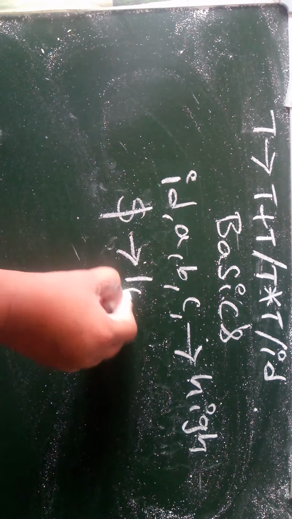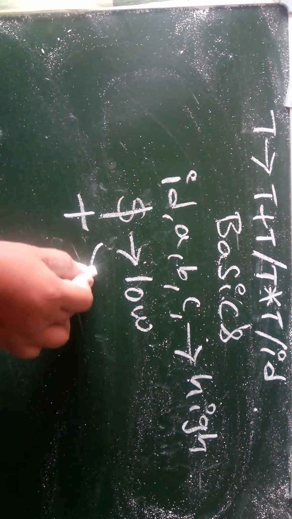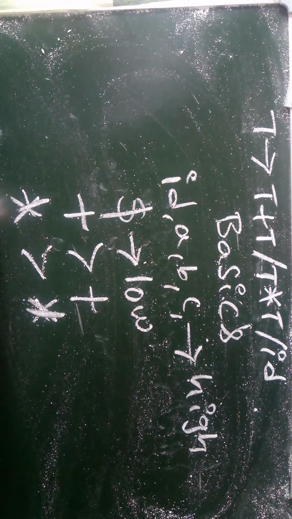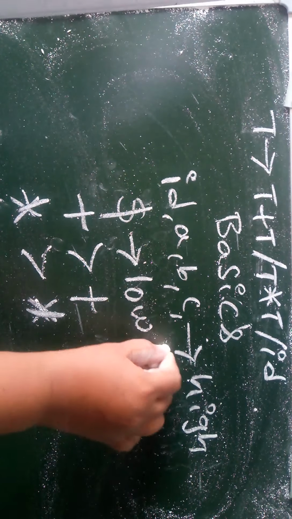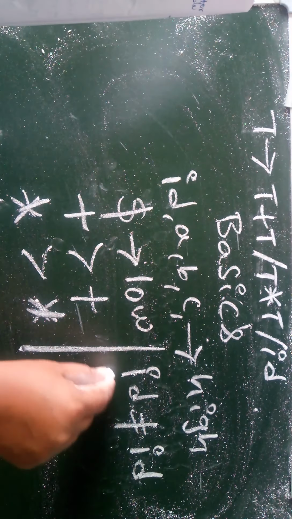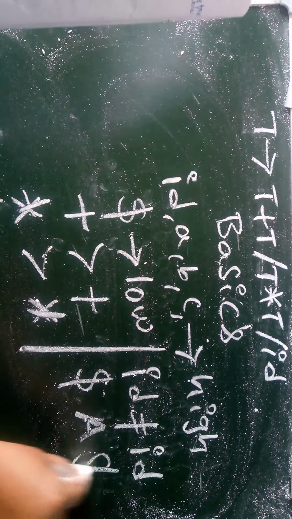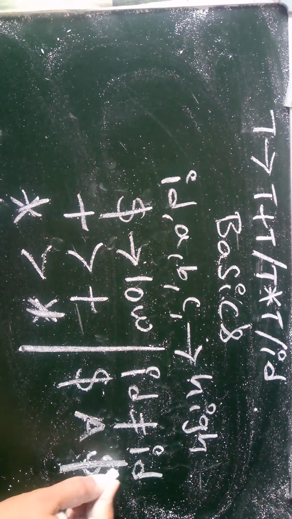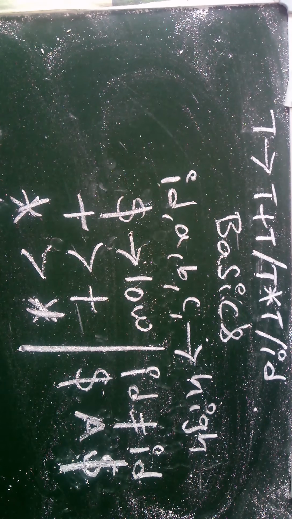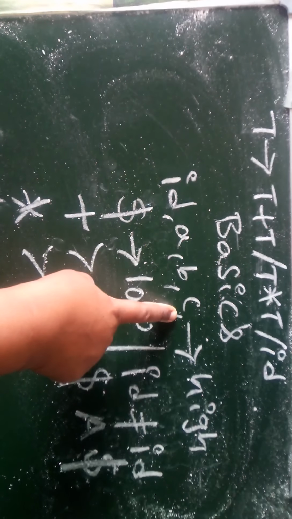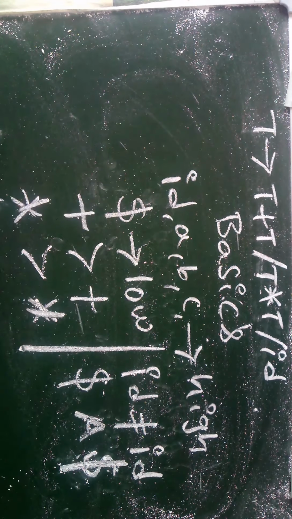Dollar has low priority. Plus with plus, star with star, ID with ID, dollar with dollar. These are the basics for precedence operators. High priority is given to ID, A, B, C, and dollar is given low priority.